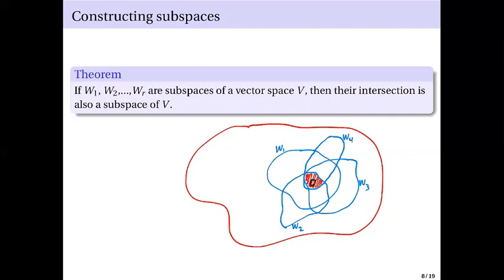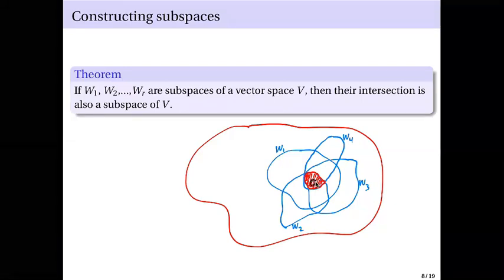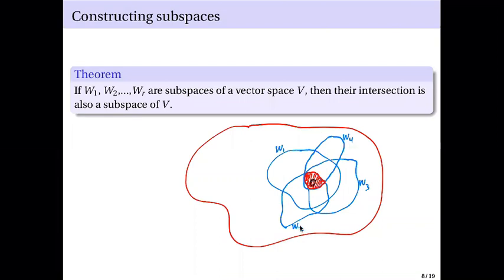Meaning all the elements in this shaded part are also elements from W1, W4, W3, and W2. They are all inside W1, W4, W3, and W2.